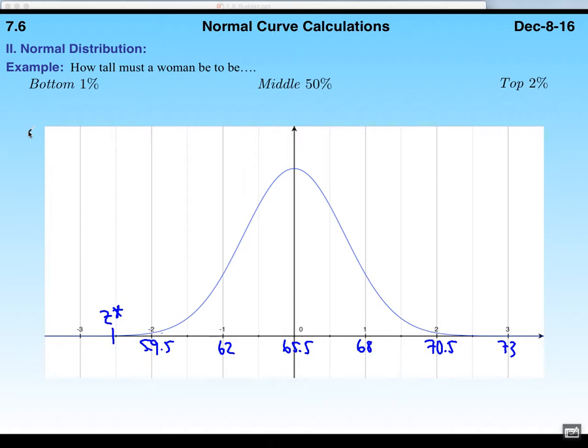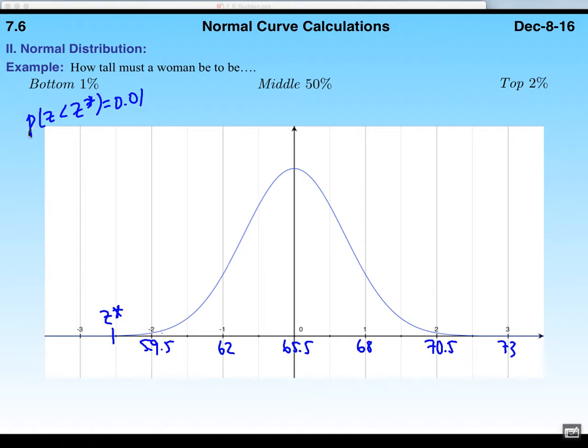Okay, we're going to start by finding a z-score. So the probability of being shorter than that z-score is 0.01, which is the bottom 1%. So look on your table, find 0.01, please. You should get between -2.32 and -2.33.